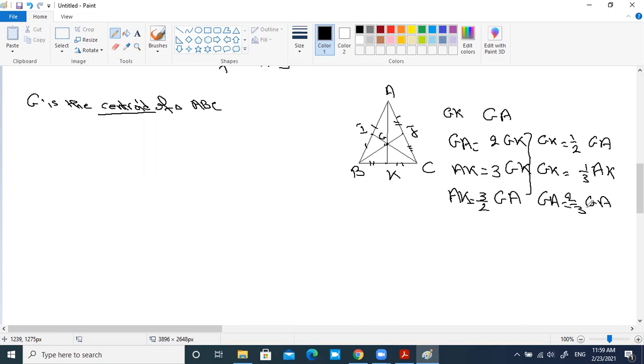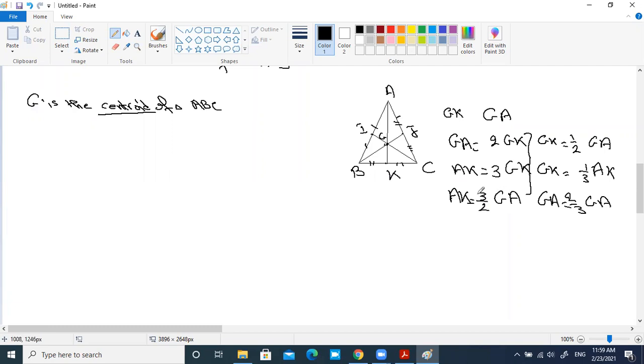Now for vectors. All these three vectors, GA, GK, and AK, have the same direction. So we keep the same constant, and we only check the sense, whether positive or negative.